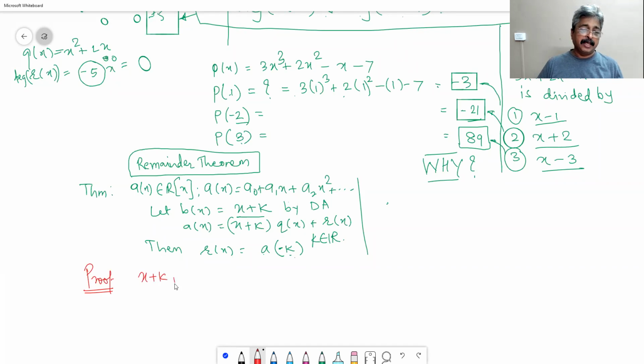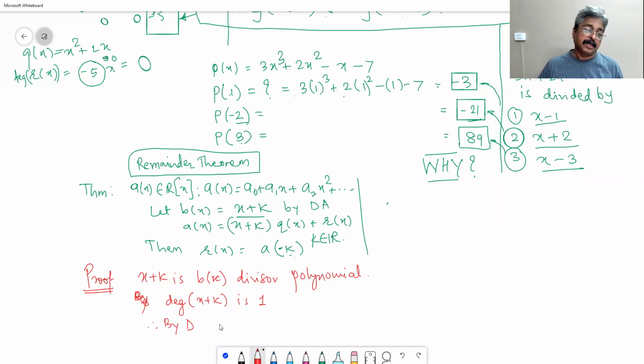x plus k is b of x, the divisor polynomial. Hence by division algorithm, what is the degree of x plus k? Degree of x plus k is 1. Therefore, by division algorithm, degree of r of x is less than 1.